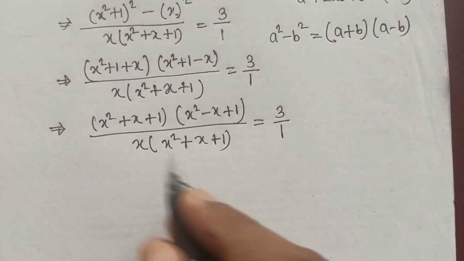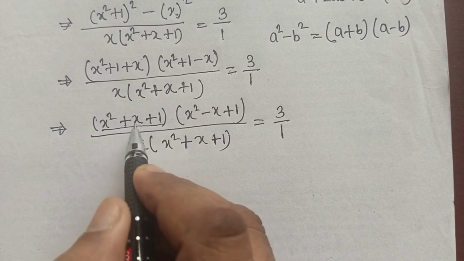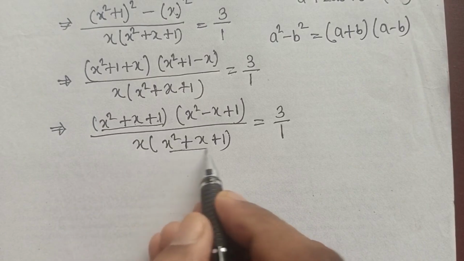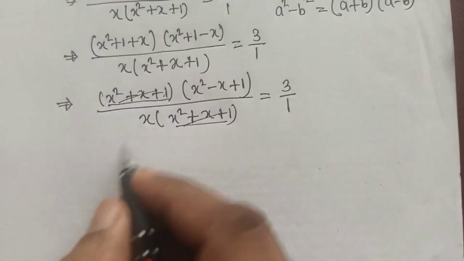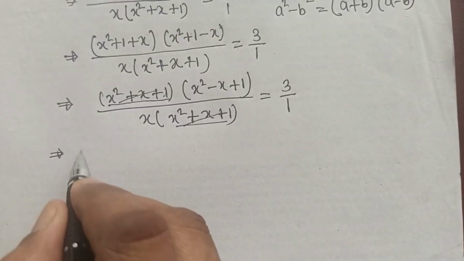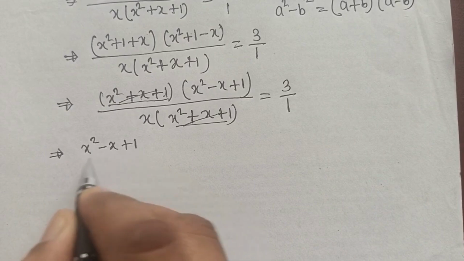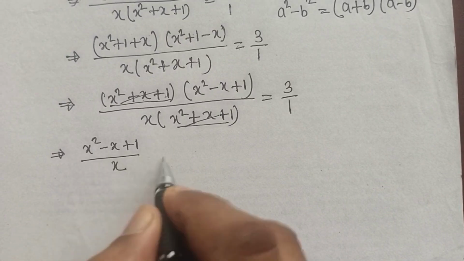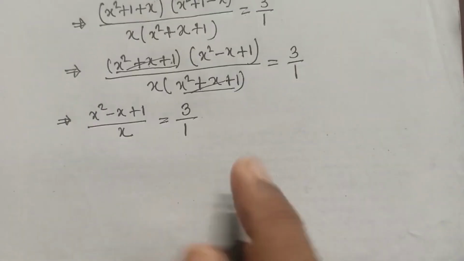Now here we got one same expression, that is x^2 + x + 1, and here also x^2 + x + 1, so that will cancel out, and the remaining part will be (x^2 - x + 1)/x equals 3/1.